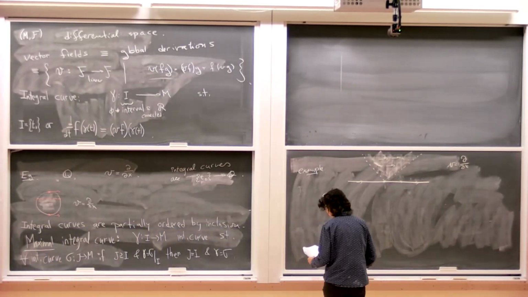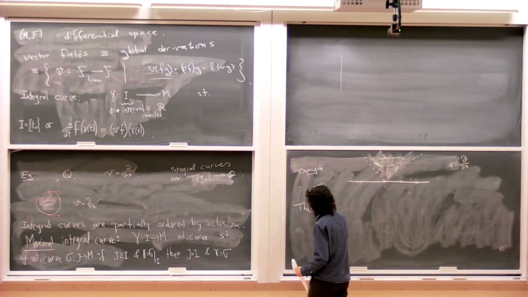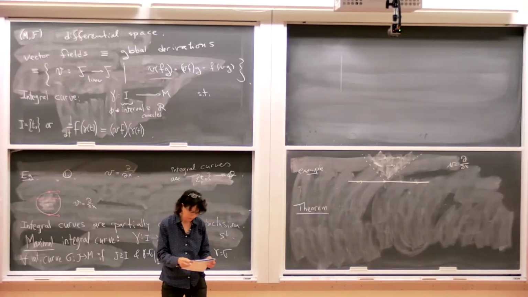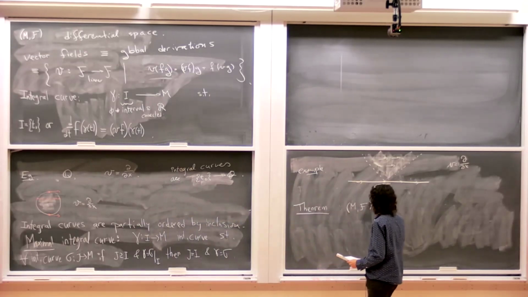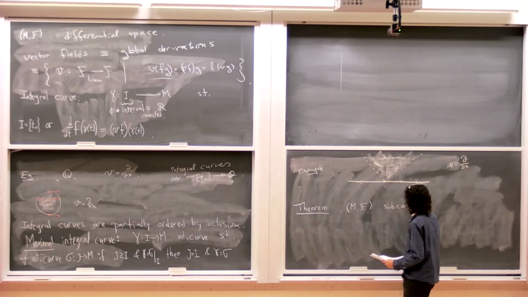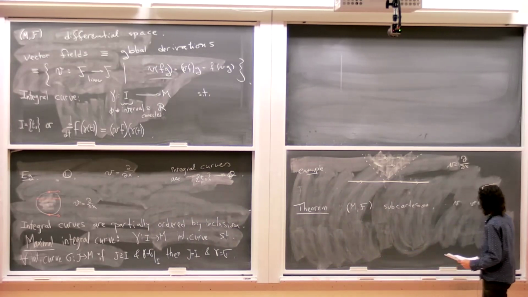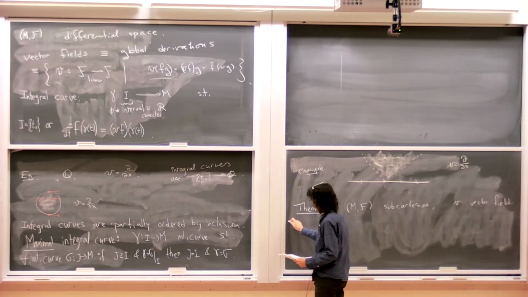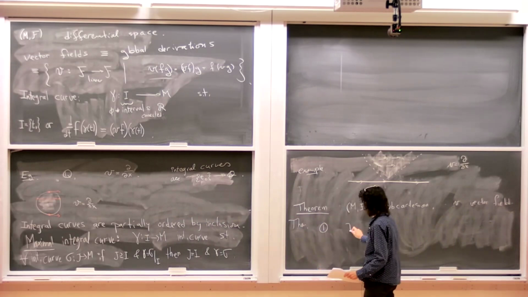But now let me give you the statement of the main theorem on how the integral curves assemble together into a flow. Here we have a subcartesian space and a vector field on it. Then, first of all, there exists a unique maximal flow. What is that maximal flow?